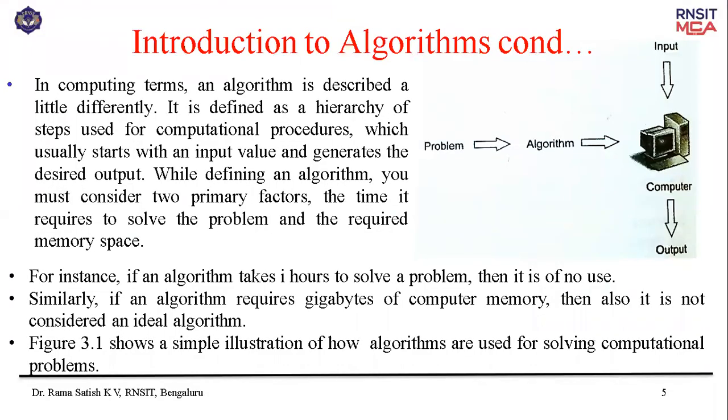So I was just talking about the problem and algorithms. There are multiple algorithms. For example, if you take sorting of numbers as my problem, I have so many sorting algorithms.